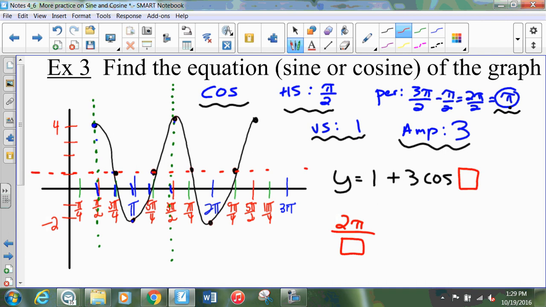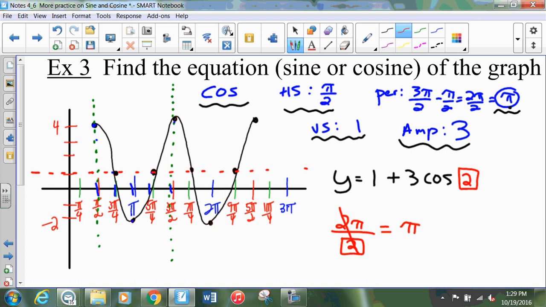So some number, and that's what my box represents, some number when it's divided into 2 pi is going to give me my period for this graph. And this graph, the period is pi. So we can see just by using common sense that if I put a 2 in there, I know that what I need to put into the box is a 2. So I would put a 2 in.